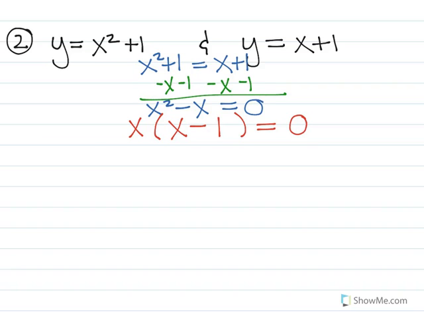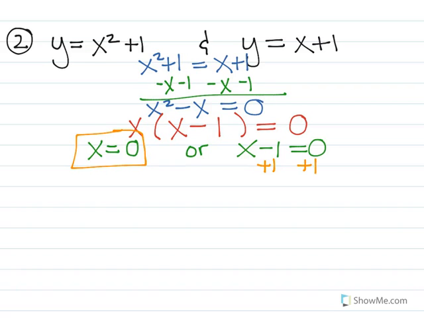Now that I have factored, I need to set each factor equal to 0, and you'll notice that one of my factors is already solved. x equals 0 is one of my answers. The other equation just needs one step to get x alone, so we're going to add 1 to both sides, and my other x answer is x equals 1.